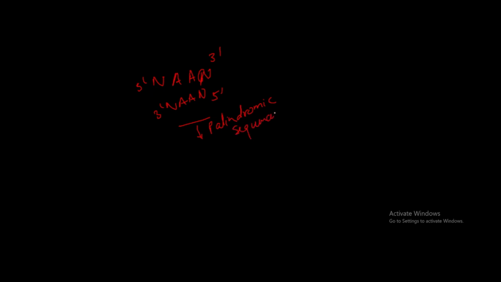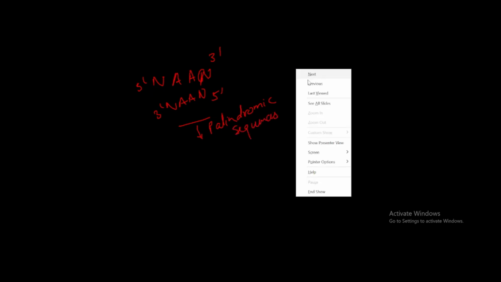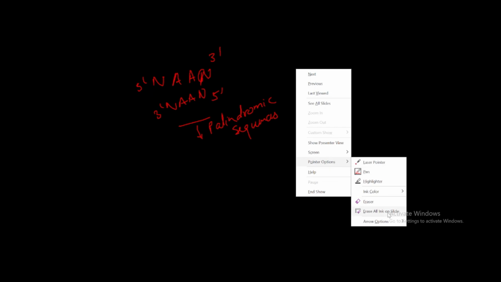Okay, so what did the bacteria do? Suppose this is the viral DNA. Bacteria have some palindromic repeats. They integrate that viral DNA in between these palindromic repeats, and suppose this is the genetic material of the virus's DNA.